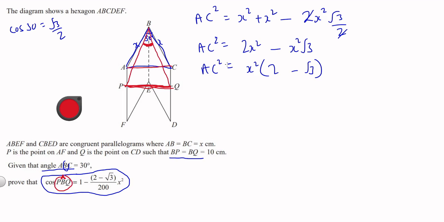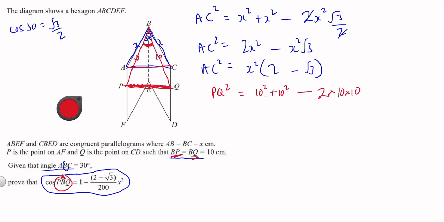So focusing on the red part now, I'm going to use the cosine rule once again. PQ squared, I'm referring to this, PQ squared is equal to, now it tells you here, B to P and B to Q, it's 10. So that'll be 10 squared plus 10 squared minus 2 times 10 times 10.